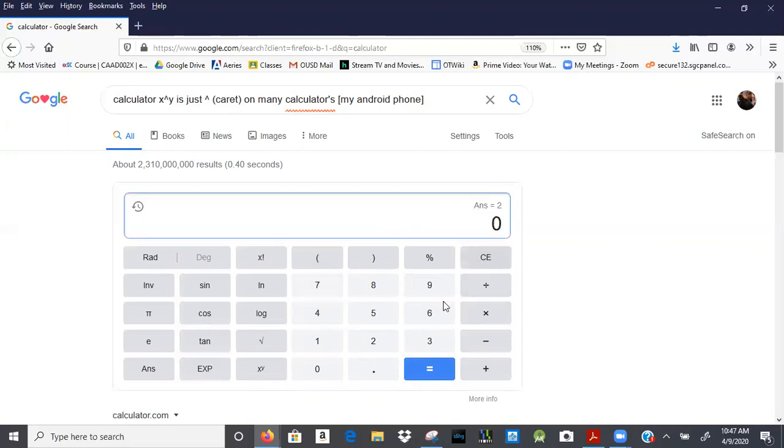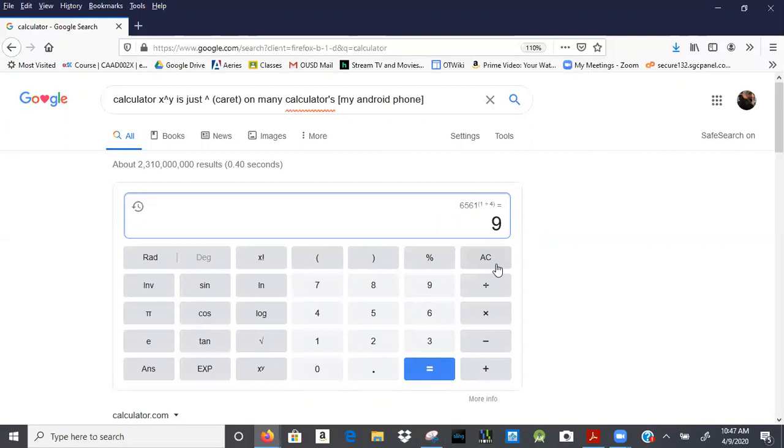So let's do one more, that's 6561. Let's say I didn't know what that was, and I wanted to find the fourth root of that. So once again, do X to the Y, 1 divided by 4, and there's that 9 because I had done that one earlier.